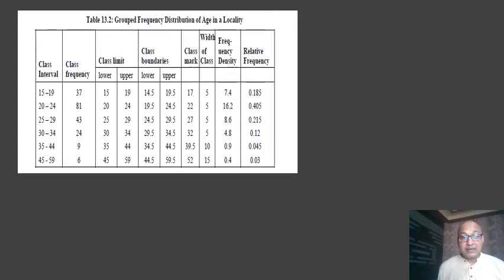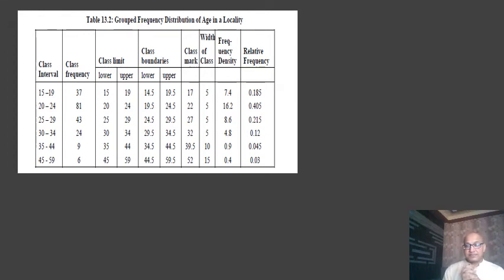They are class interval or class, class frequency, cumulative frequency, greater than or less than type, class limit, upper limit or lower limit, class boundaries, upper boundary or lower boundary, midpoint of class interval, width, width of any class, relative frequency, and lastly frequency density. So now we will discuss these things.